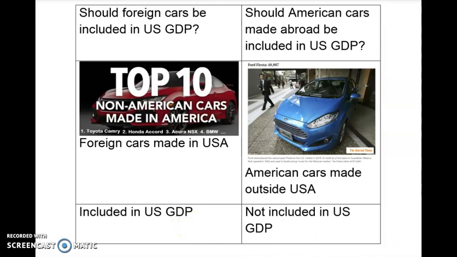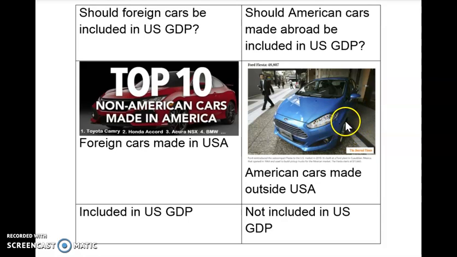Okay. Now, on the other hand, American cars made abroad, should those be included in US GDP? You probably know the answer, right? They should not be included in US GDP because they are not made in the United States. Many American cars are made outside the country.